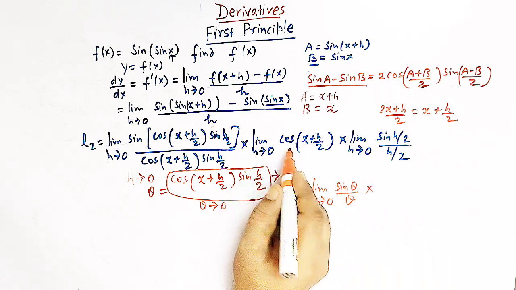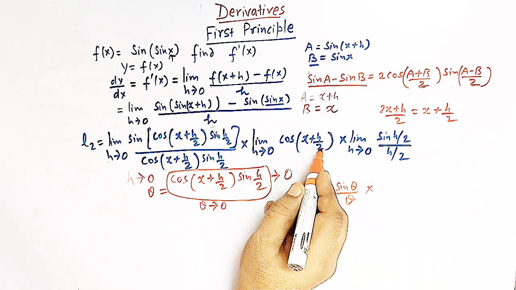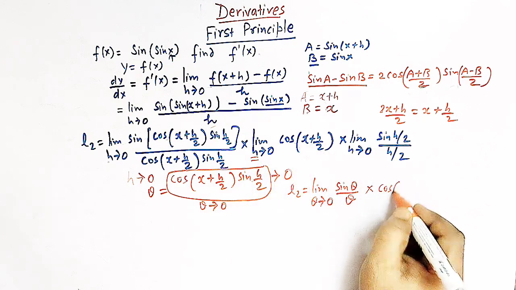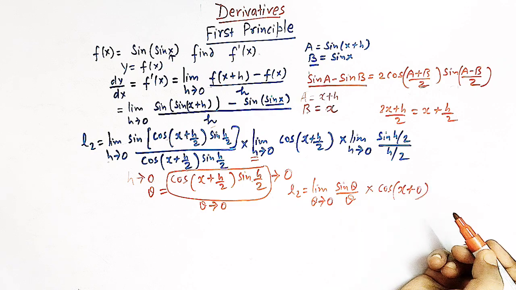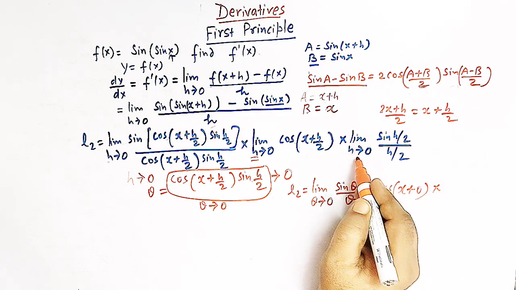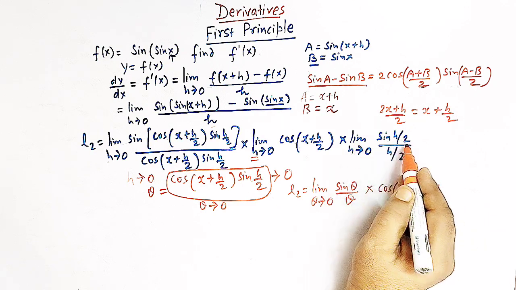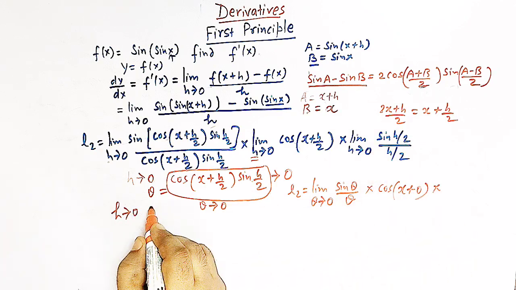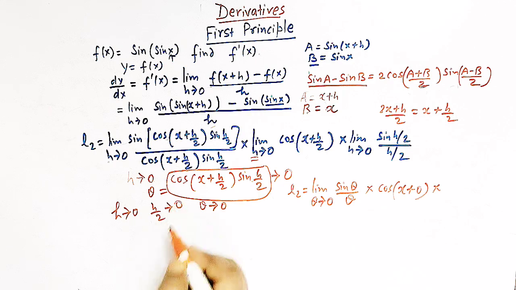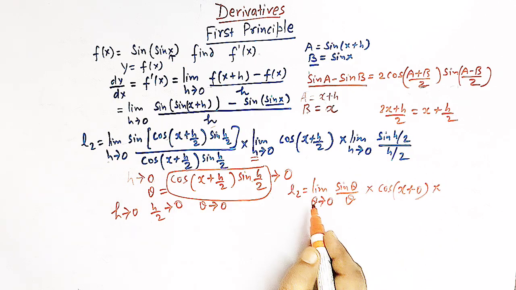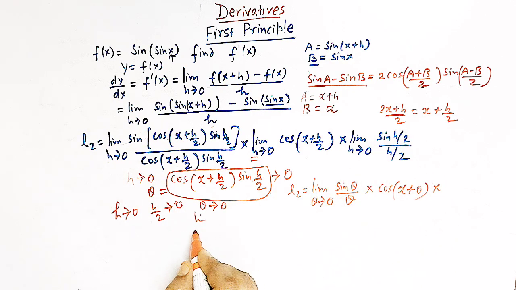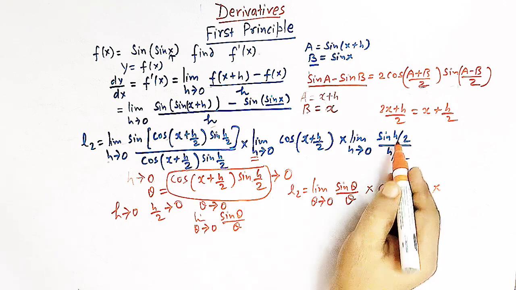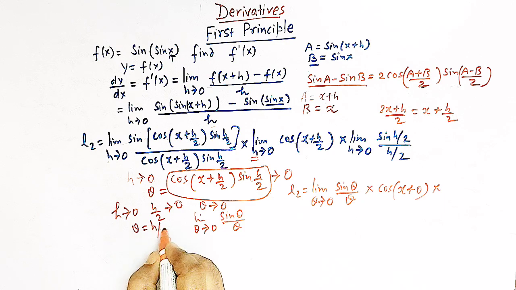So it implies theta tends to 0. Then we have limit h tends to 0 cos(x plus h over 2). So when h tends to 0, we have simply cos x plus 0, right? And then we have limit h tends to 0 sine(h over 2) divided by h over 2. So when h tends to 0, then h over 2 also tends to 0. So again we have this form, that is limit theta tends to 0 sine theta over theta, where theta is equal to h over 2.